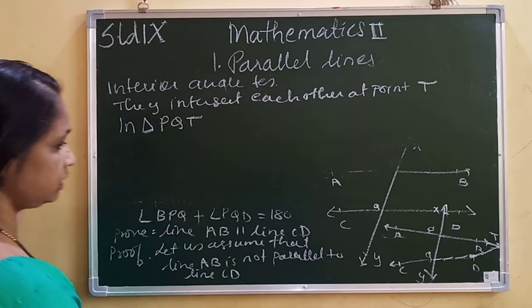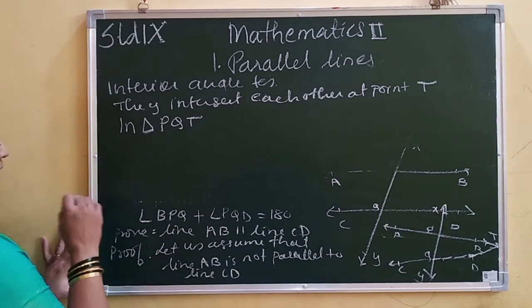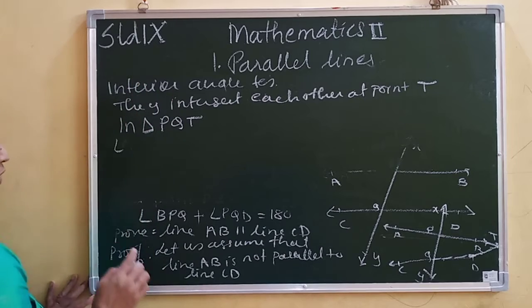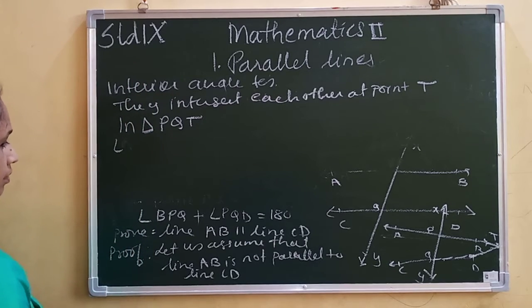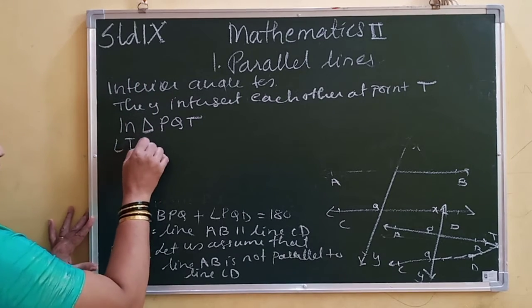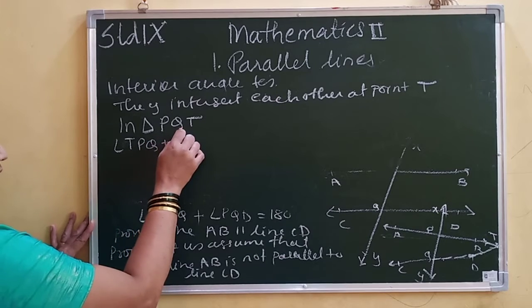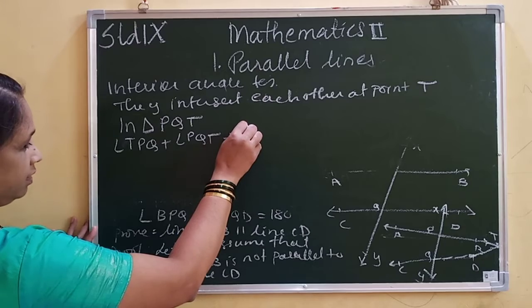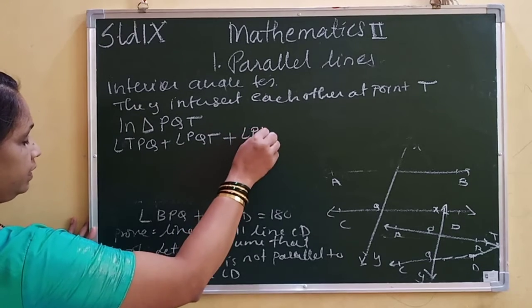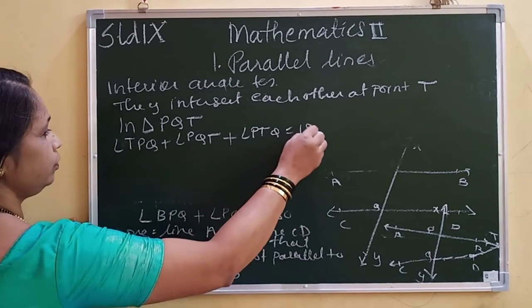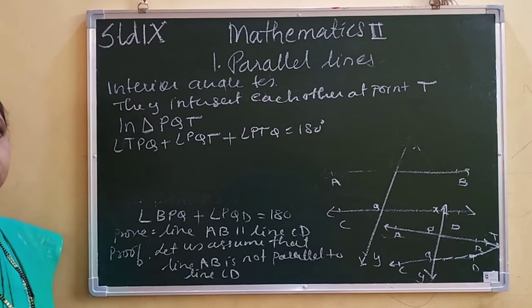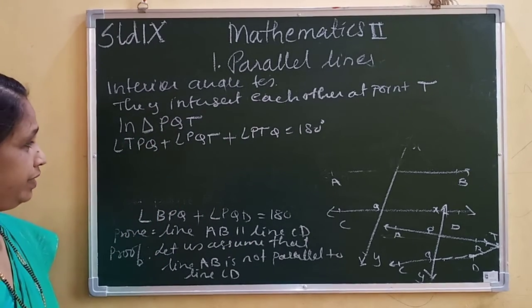A triangle. So in triangle PQT, angle TPQ plus angle PQT plus angle PTQ is equal to 180 degrees. As it is a triangle, the sum of all angles of a triangle is equal to 180 degrees.